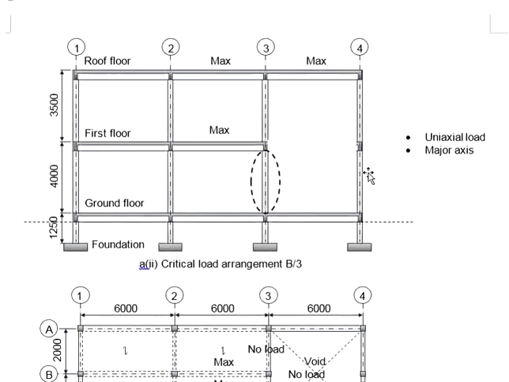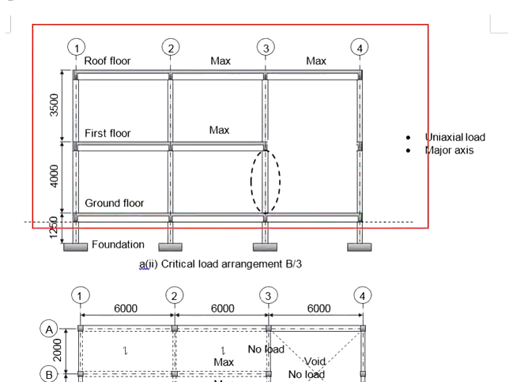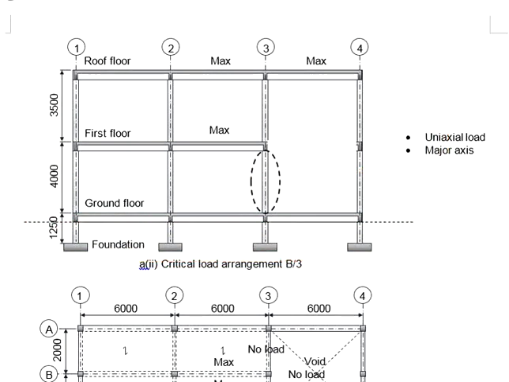Now you're going to see the frame something like this. No beam here. In order to generate the largest moment possible here, that means you're going to have the maximum load here. There will be fixed end moment due to the load here, but no moment on this side.